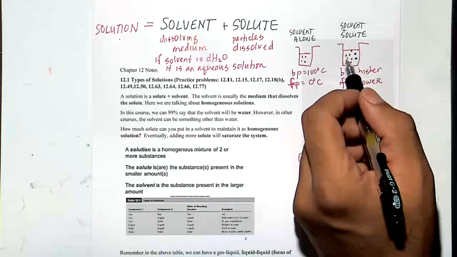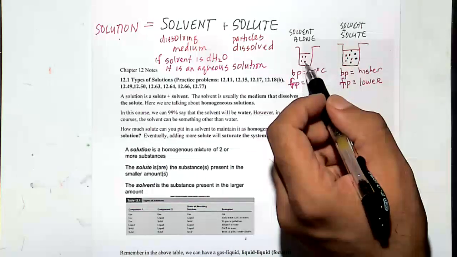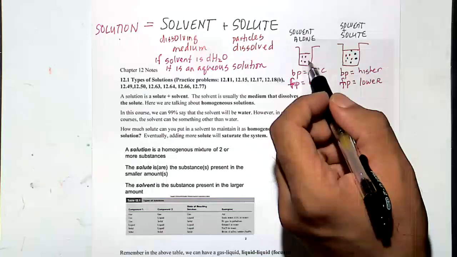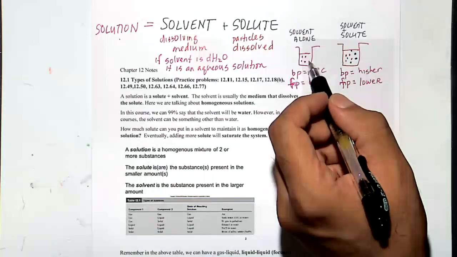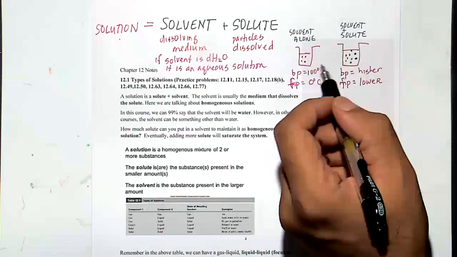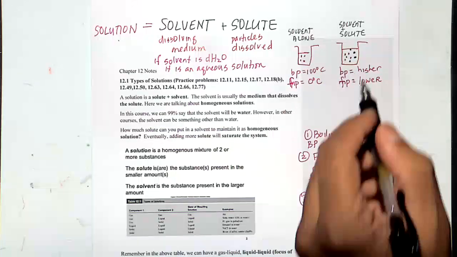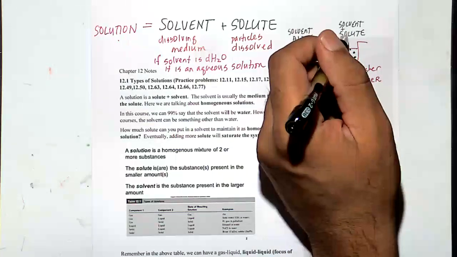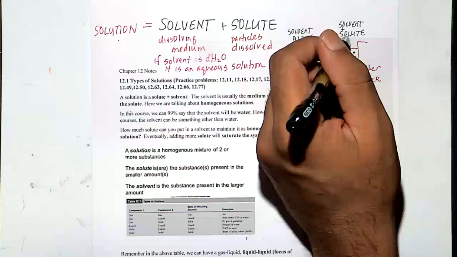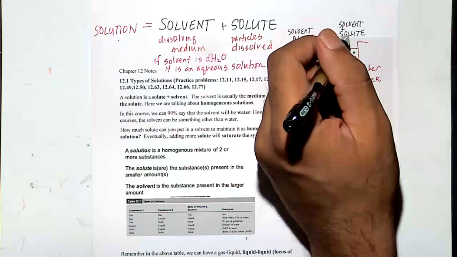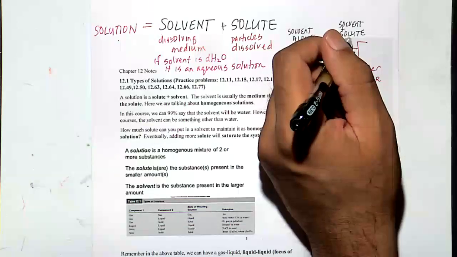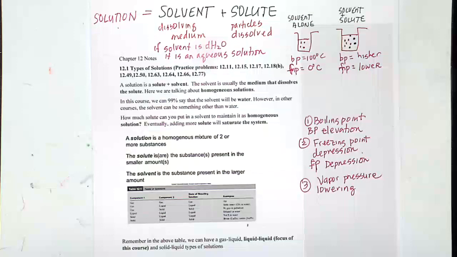You just have to overcome more IMF. With just water, you only have water-water. So there's more IMF, so this is harder to boil, harder to evaporate, harder to condense, harder to exert a vapor pressure, and because of that, the vapor pressure of the solution will go down.